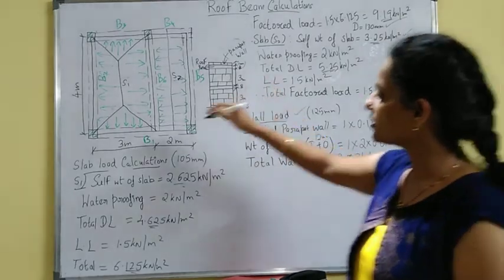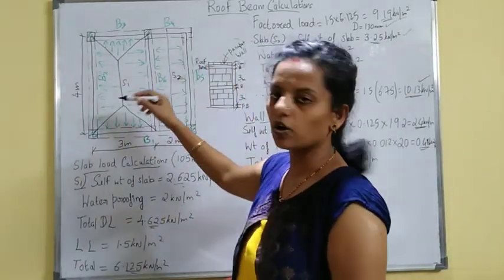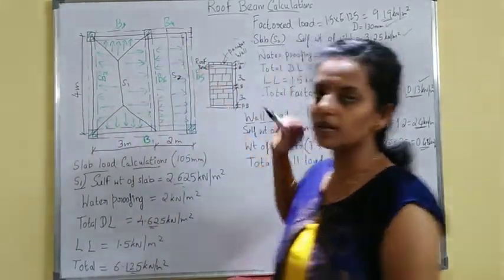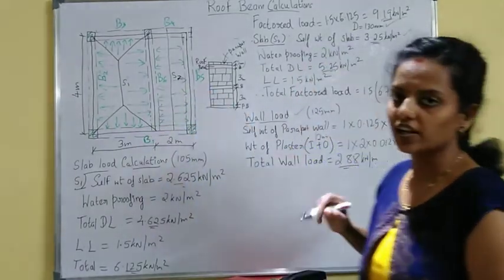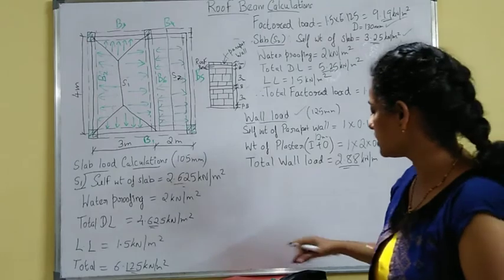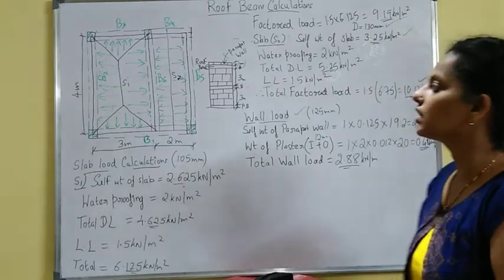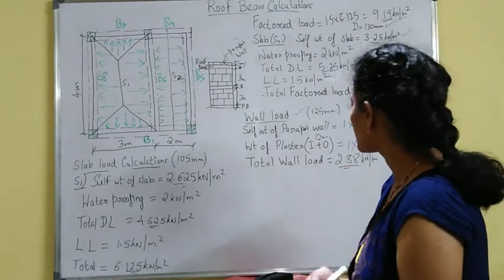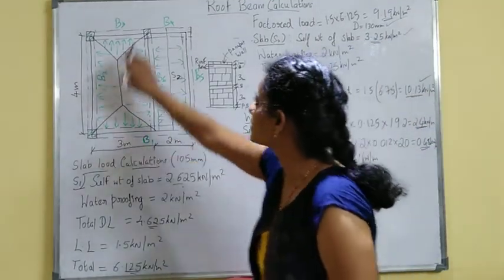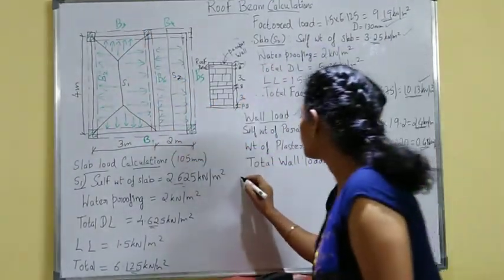Now considering the different self weight of the beam according to the depth of the beam, based on this slab load calculation we will calculate the total load on the roof beam. First we will consider beam B3.